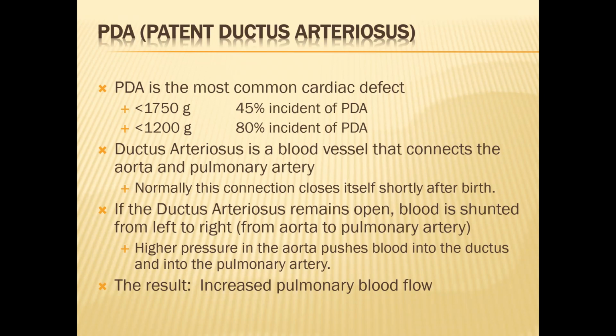If the ductus arteriosus remains open, blood is shunted from the left to the right, from the aorta back into the pulmonary artery. And then it explains why that happens. Higher pressure in the aorta pushes the blood into the ductus and into the pulmonary artery. So the result is you get this increase in pulmonary blood flow.